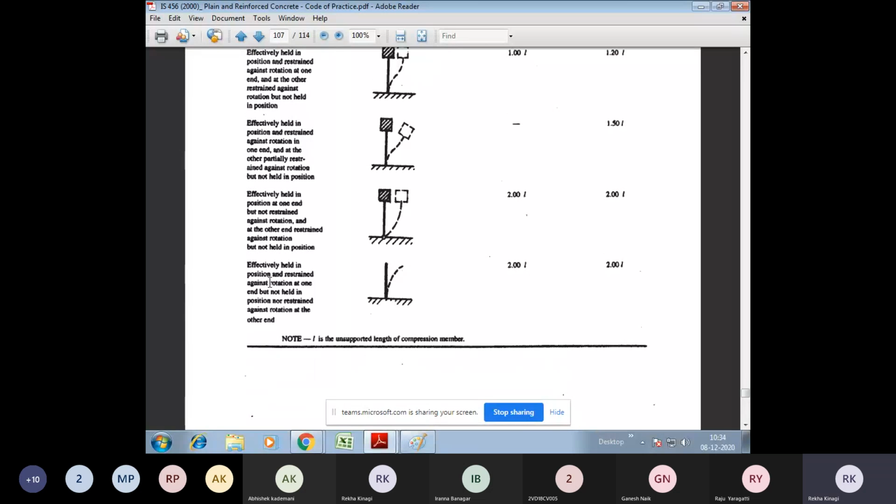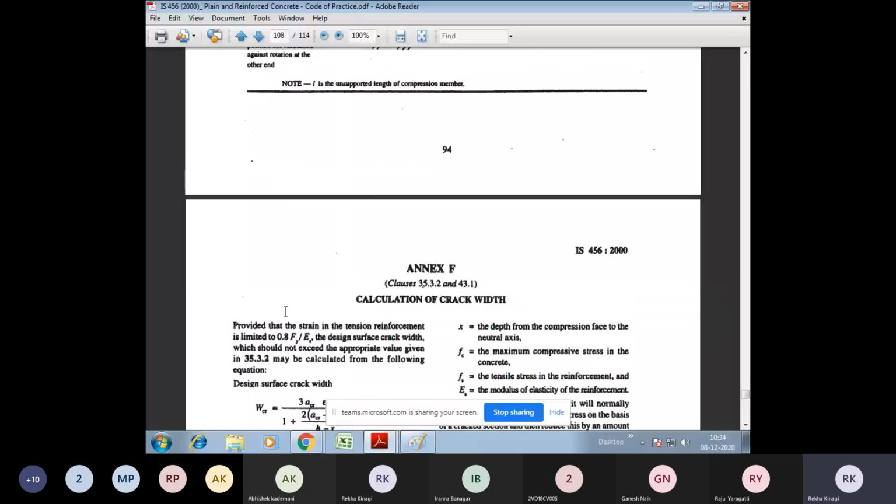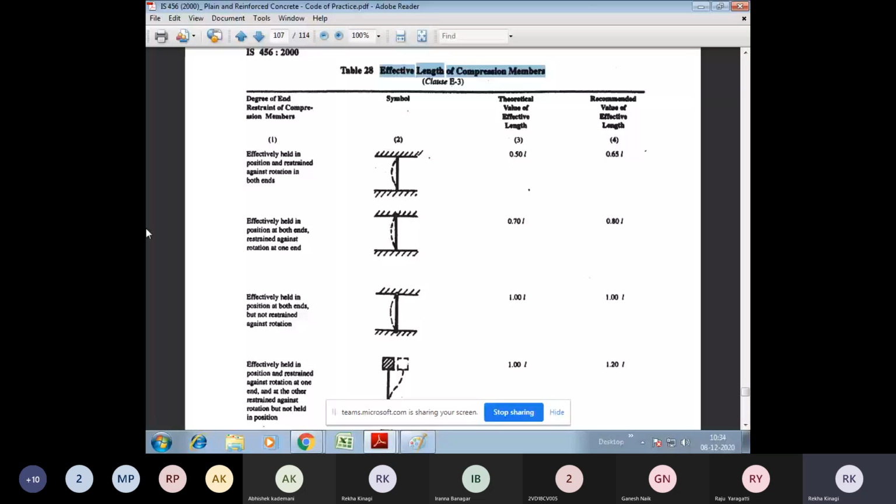Effectively held in position and restrained against rotation at one end, but not held in position nor restrained against rotation at the other end. So depending upon these criteria, we can use the recommended value and the theoretical value of effective length, and the representation of such kinds of restraint is given here.